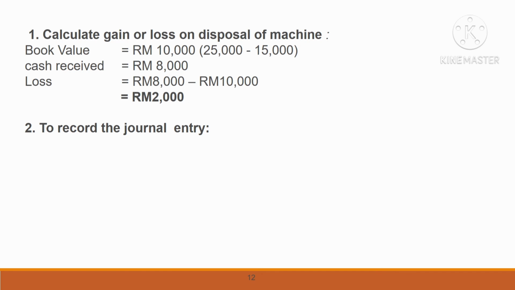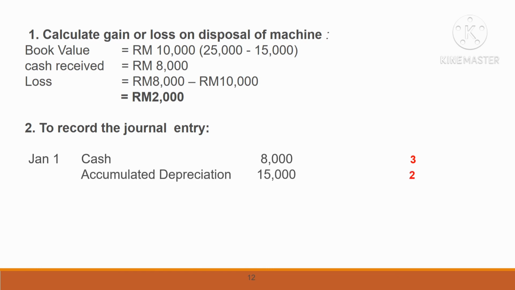And the second one, we have to record the journal entry. So there are a few steps that we have to follow. The first step, we have to remove the machine. So credit machine RM25,000. The second step, we have to remove accumulated depreciation RM15,000 on the debit side. The third step, we have to record cash received.